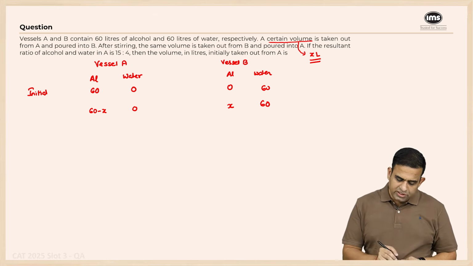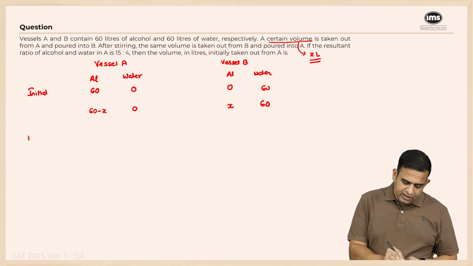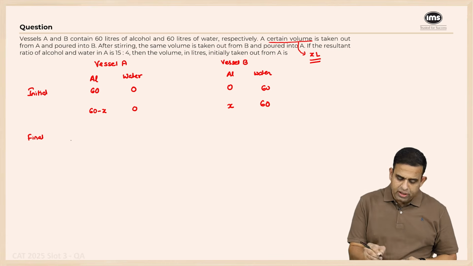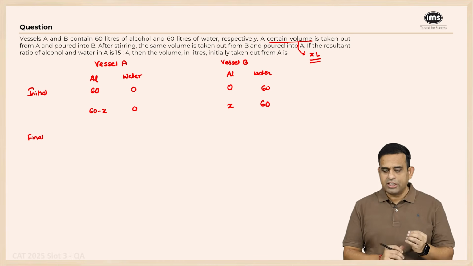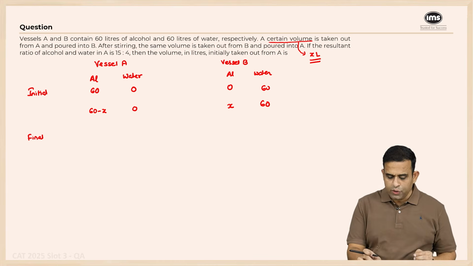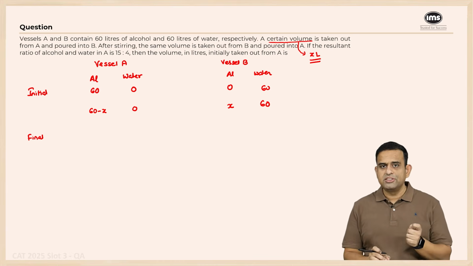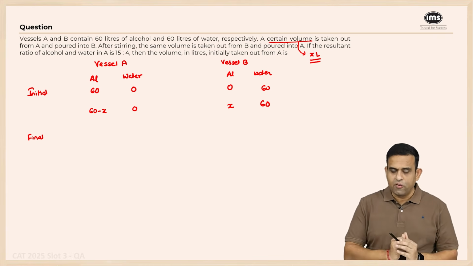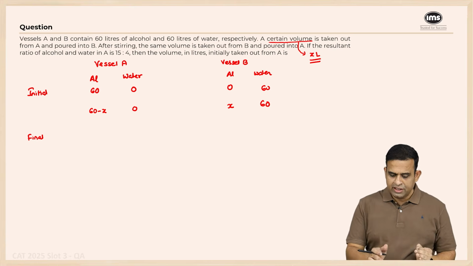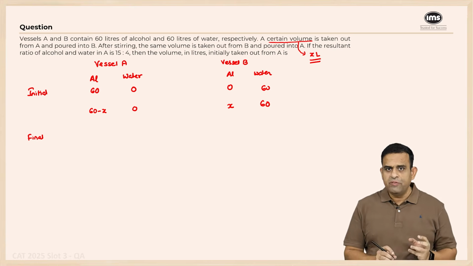Now, what is happening then? Finally, the same quantity has been moved from vessel B to vessel A. Since the ratio of alcohol to water in vessel B happens to be X is to 60, if I take out X liters from vessel B, how much alcohol is going to be withdrawn?